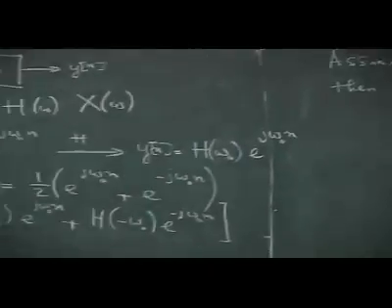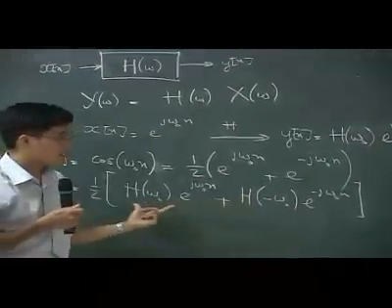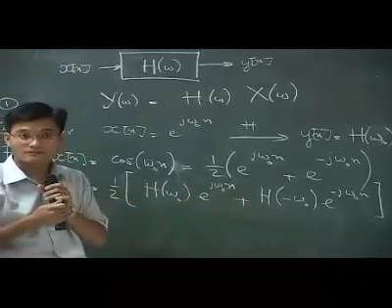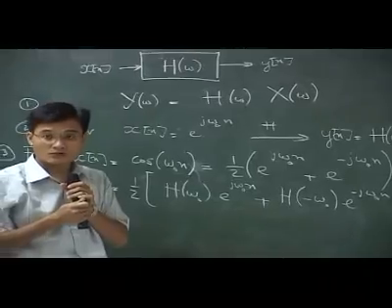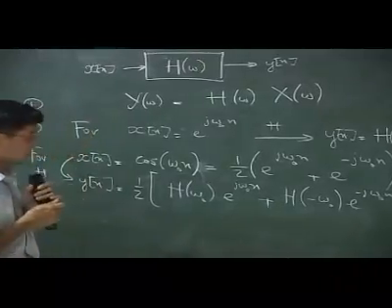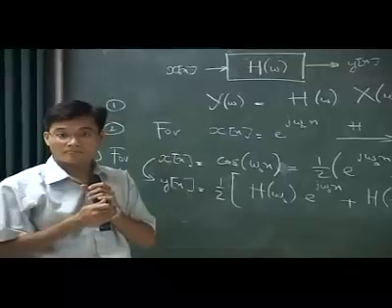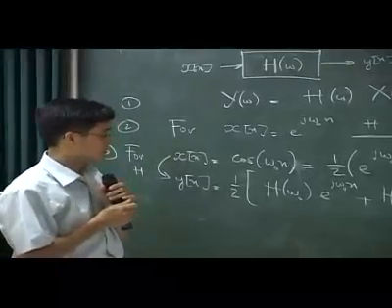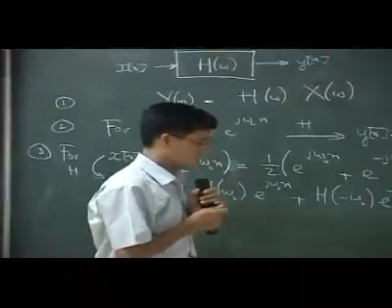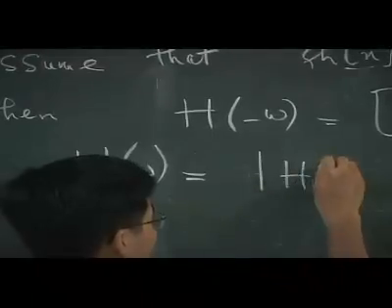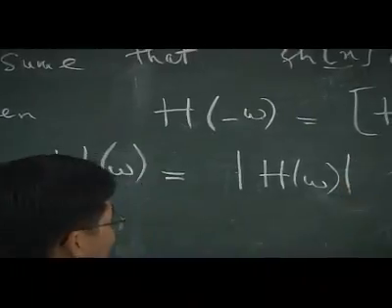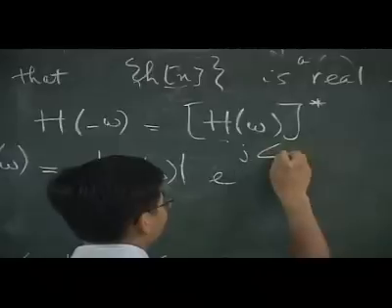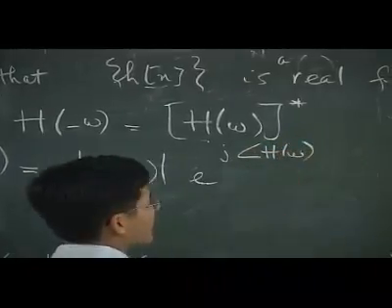What happens when you have two complex numbers that are complex conjugates of each other, you add them and divide by 2? You get a real number. And what would the real number be? It's the magnitude multiplied with e^{j} of the phase of that H of omega.